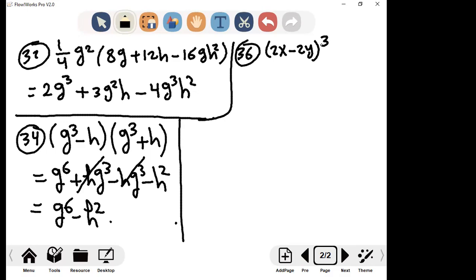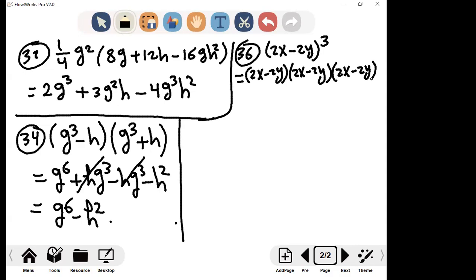Now we said if you have power 2, you multiply by itself 2 times. Power 3, 3 times, right? So this is equal to 2x minus 2y multiplied by 2x minus 2y multiplied by 2x minus 2y, right?